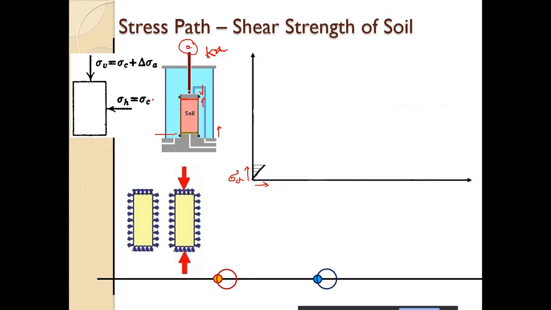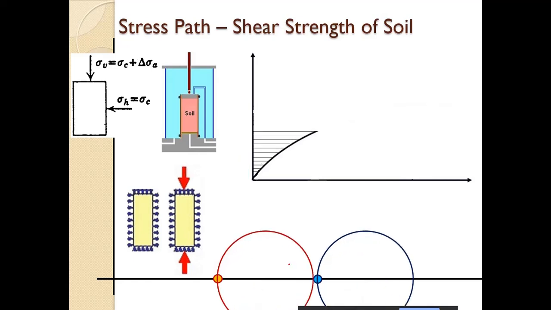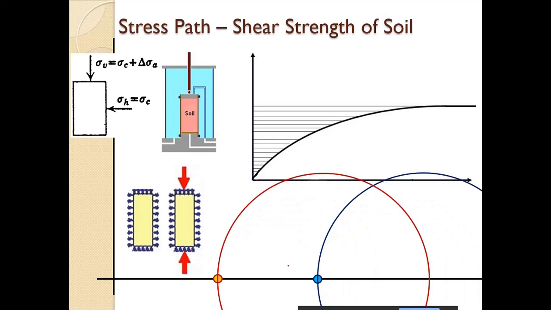So whatever is the compression in this sample, that is the axial strain, and with increasing axial strain the sigma D is also increasing, and sigma 1 dash and sigma 1 are also increasing at the same difference of pore water pressure U. All right, so it is increasing, and ultimately it will stabilize at this deviatoric stress.